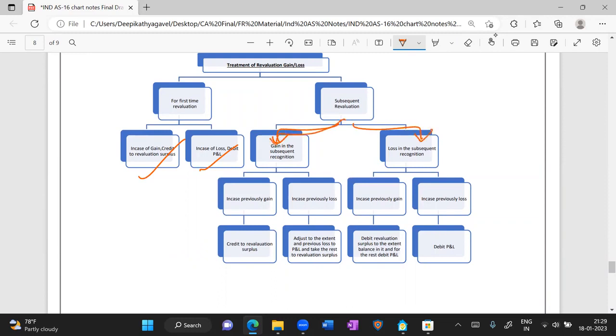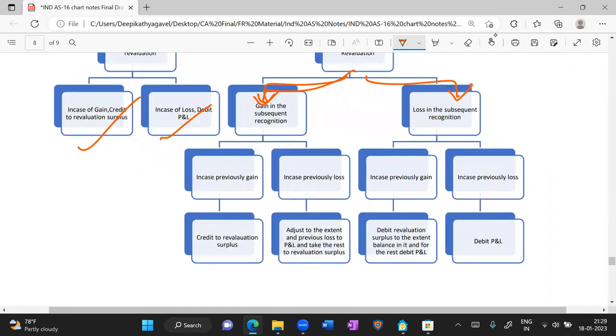Now, if you have a gain, the most important thing to check is whether in the previous year there was a gain or a loss. If in the previous year there was a gain, then this gain will also be taken to OCI. But if in the previous year there was a loss and in the current year there's a gain, it is very, very important and interesting. Previous year there was a loss, so when there was a loss, you would have taken that loss to the P&L.